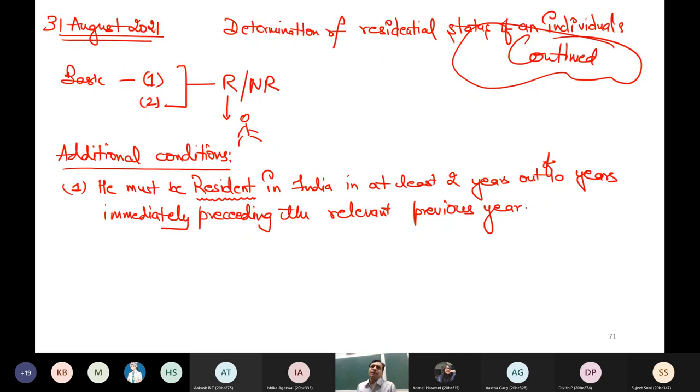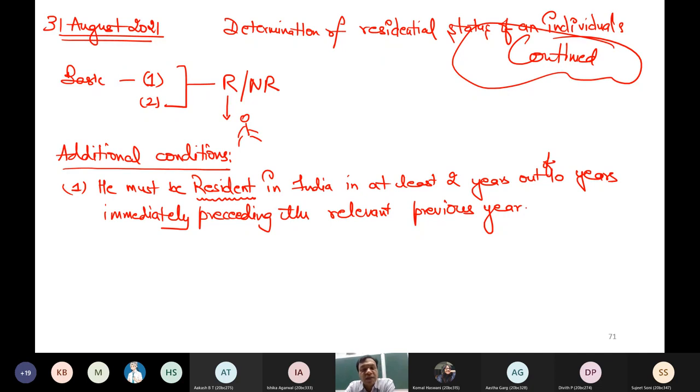Do remember one thing, that in basic conditions, the main concentration was on your current year. In my course, my current previous year is 2021. And in basic conditions, the current previous year is always relevant. Like in basic condition number 1, I need to check the current previous year's presence.